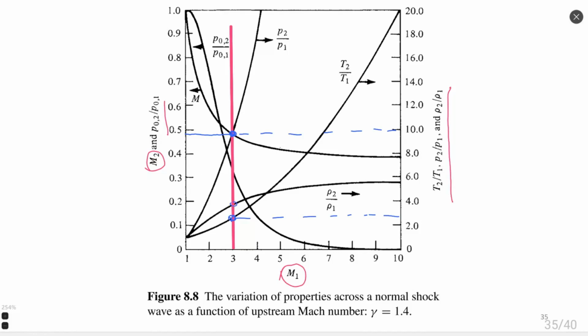And we can see also density change, approximately 4 times. And the efficiency of such transition, the change of stagnation pressure, is between 30 and 40%, maybe close to 35%.